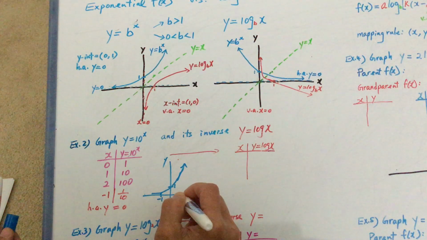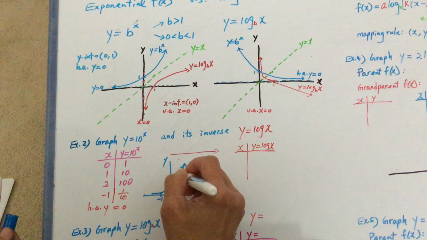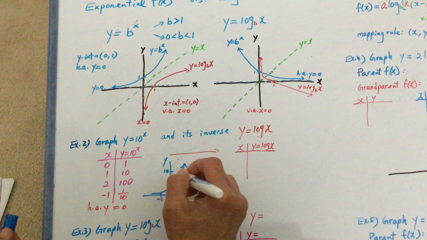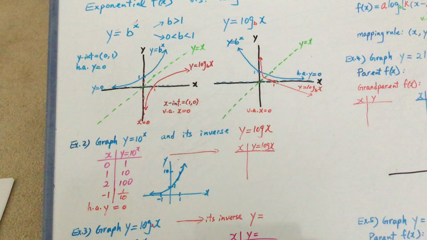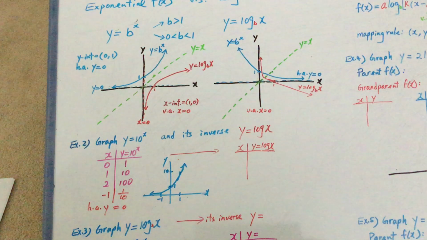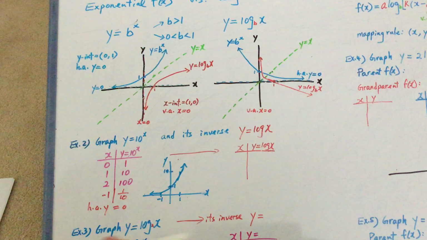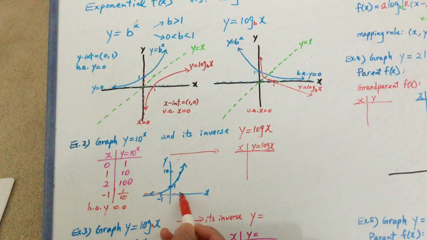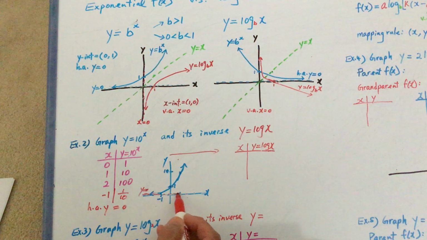So if this is a 1 over here, then I know that this point here will be approximately equal to 10. Okay, so this graph here will be very similar to what I did above. I only need to know that it crosses the y-axis at 1, and then the rest is really not important because I know that this is going to be my horizontal asymptote. So y equal to 0 is going to be my horizontal asymptote here.